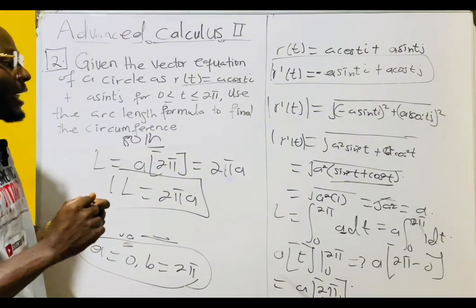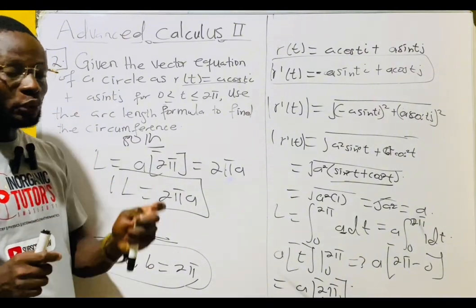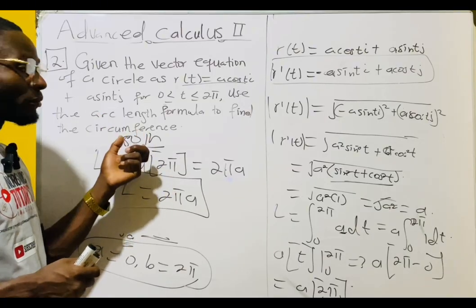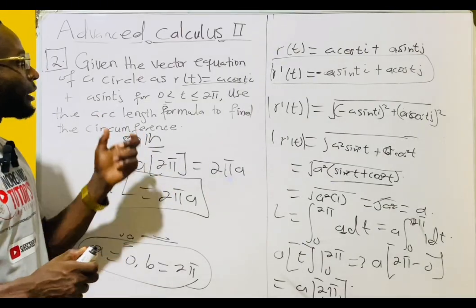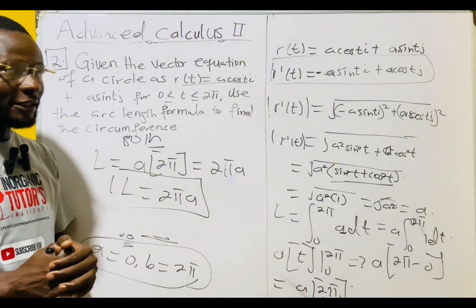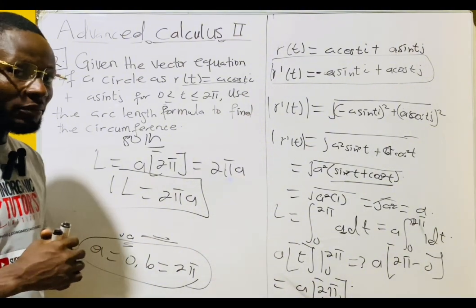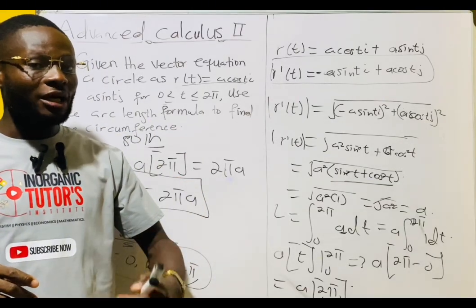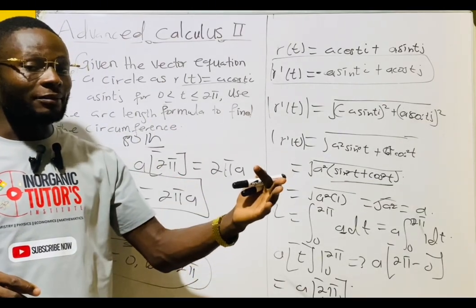Okay, so this is the process we go through to find the arc length, using the arc length formula to find the circumference, given the vector equation of a circle. All right, don't forget, the arc length formula is to integrate from a lower limit to a certain upper limit.